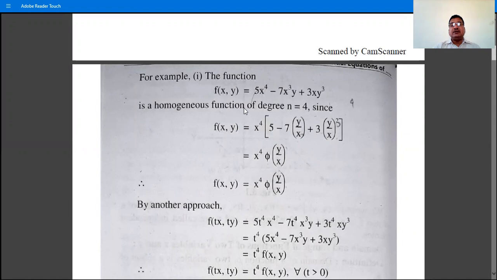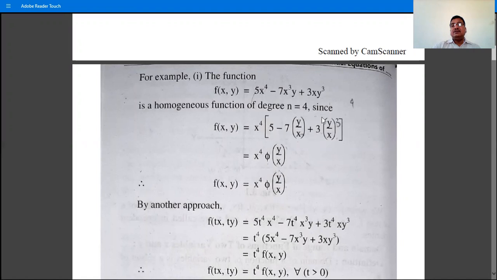Now let us check this function as a homogeneous function using the next approach. We consider f(x,y) and take x raised to 4 common. So we have 5 minus 7 times y/x, since x^3y divided by x^4 gives y/x, and 3 times y^3/x^3, since xy^3 divided by x^4 gives (y/x)^3.